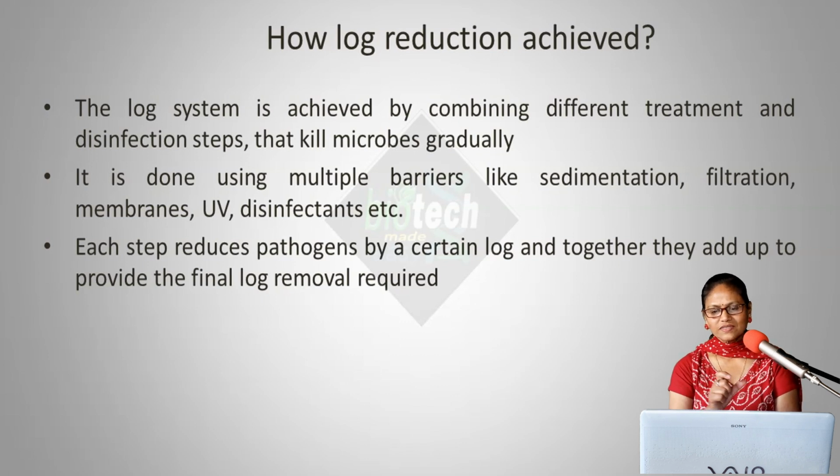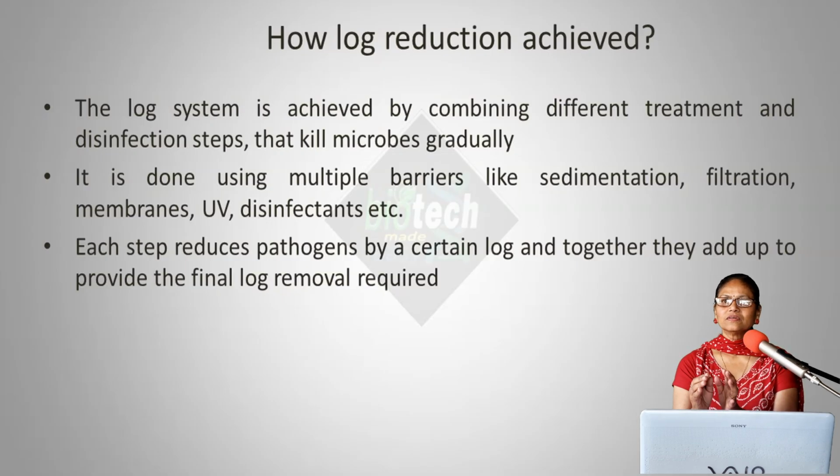Suppose we use sedimentation first, so it will reduce to a certain extent. Then we use filtration, so again it will reduce the viruses to a certain log. And then afterwards, maybe we use UV. So ultimately, the resultant would be what is actually required.